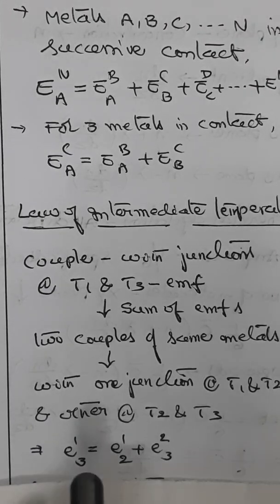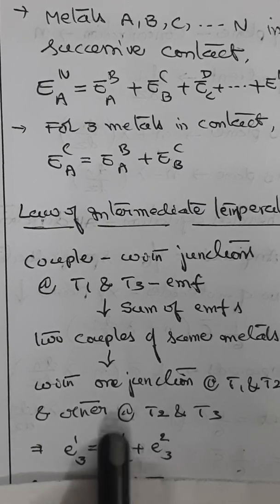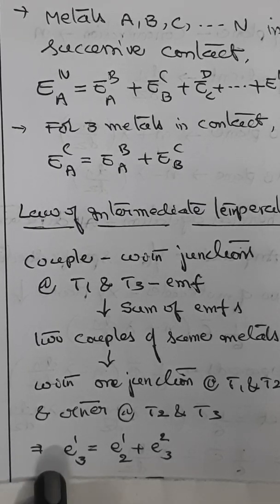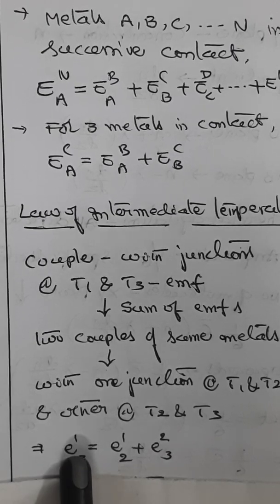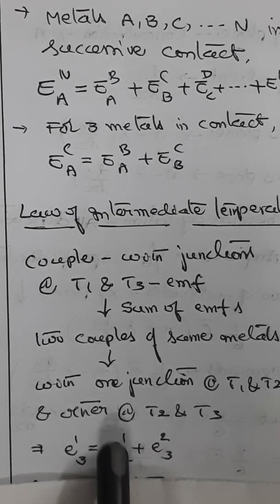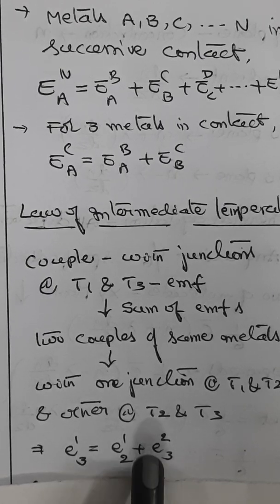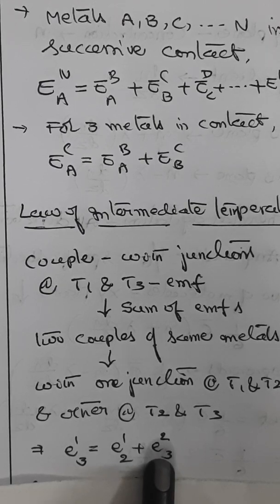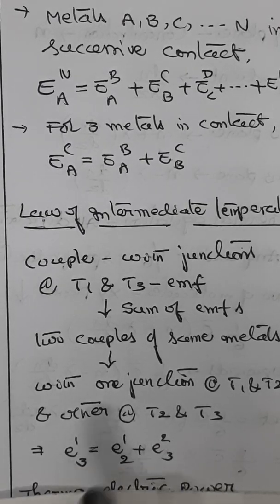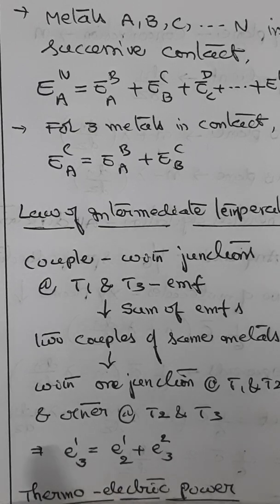Therefore, E of 1,3 equals E of 1,2 plus E of 2,3. Here E13 is the EMF when the junctions are at T1 and T3, E12 is the EMF when the junctions are at T1 and T2, and E23 is the EMF when the junctions are at T2 and T3. This is how we understand the law of intermediate temperatures.